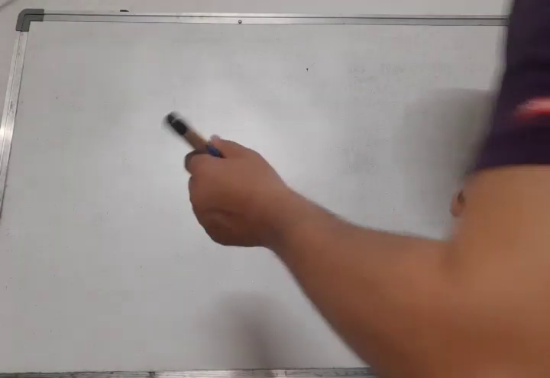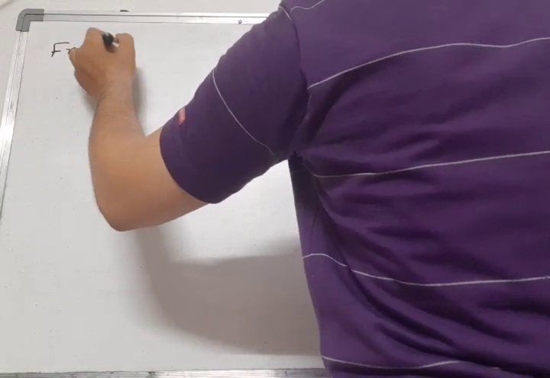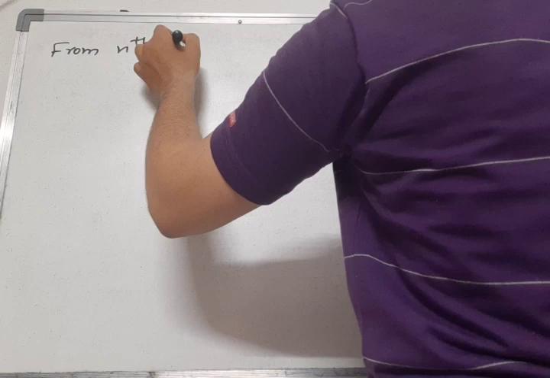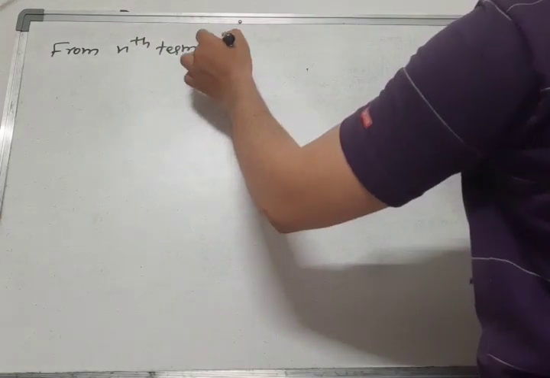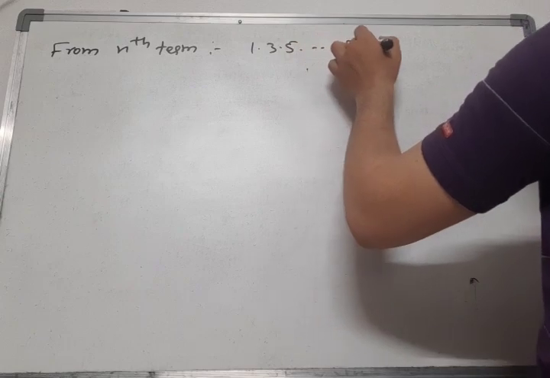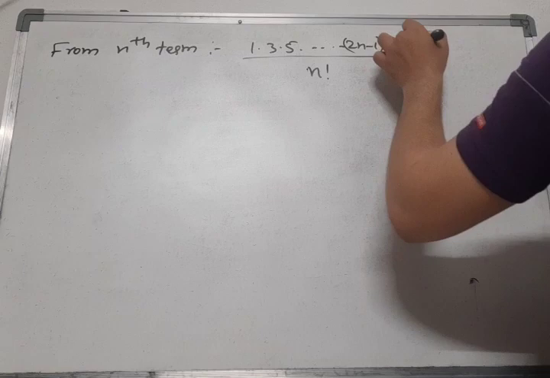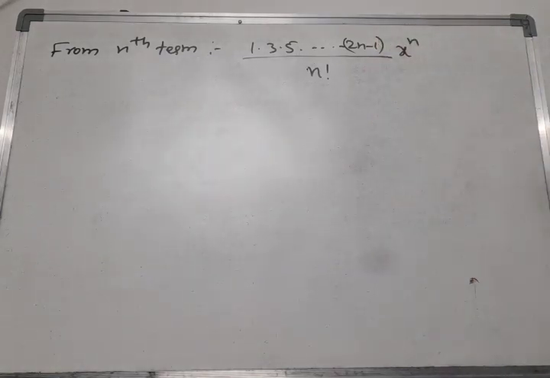I will write here. From the nth term of the expansion, what we got? 1 into 3 into 5 into and so on to 2n minus 1 by n factorial into x to the power of n we got. That's all. This is the nth term we got.